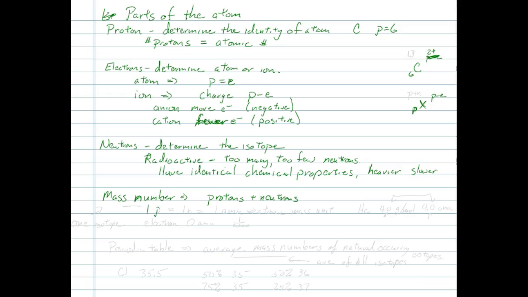One proton is the same weight, almost, not quite, as one neutron. The neutron is a little bit heavier, but they're equal in size, and they are defined as 1 AMU, which stands for atomic mass unit.